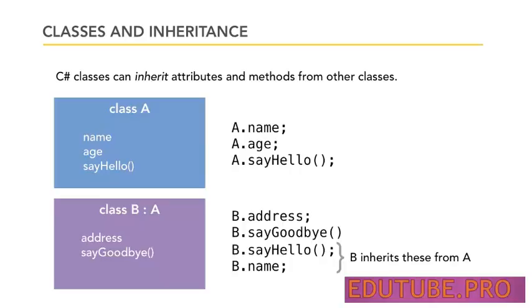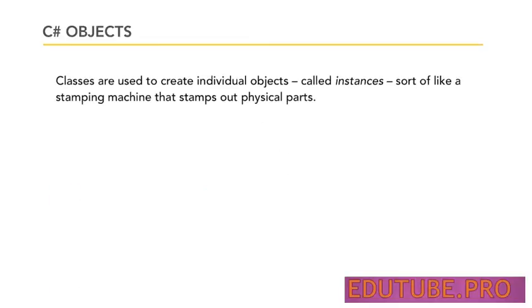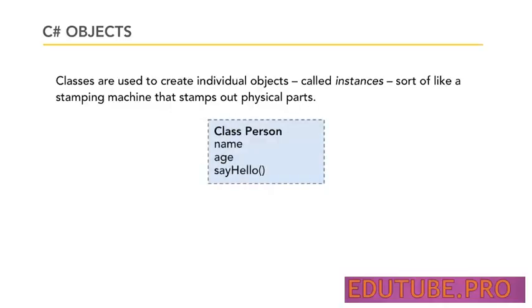You can think of C# objects as being a kind of stamping machine. So classes, as I mentioned earlier, are used to create individual objects. And each object that is created from a class is called an instance. So you can think of this as some kind of machine that stamps out physical parts. Suppose I had a class definition called person, and the person class had the name and age and the say hello function.